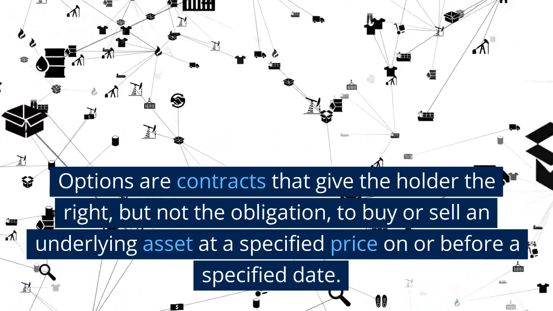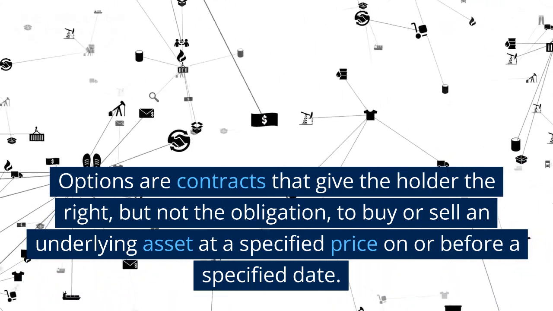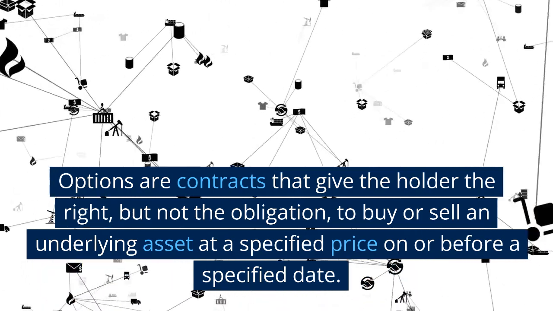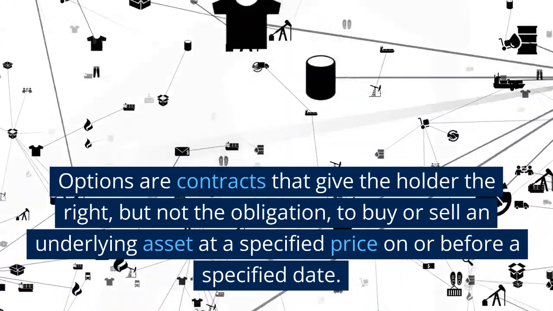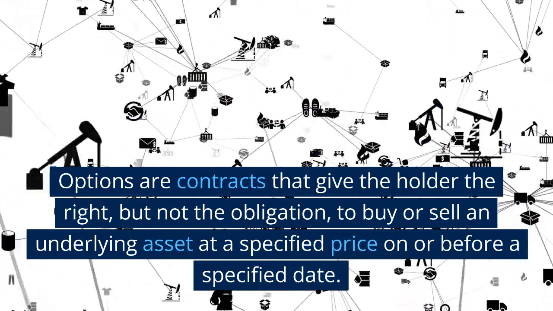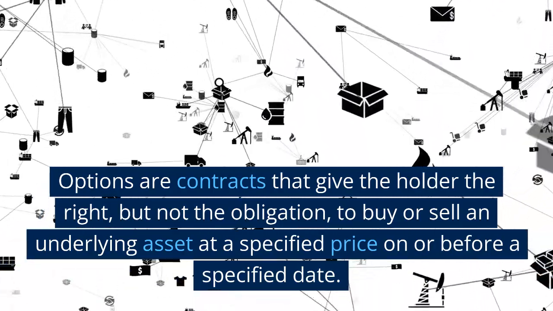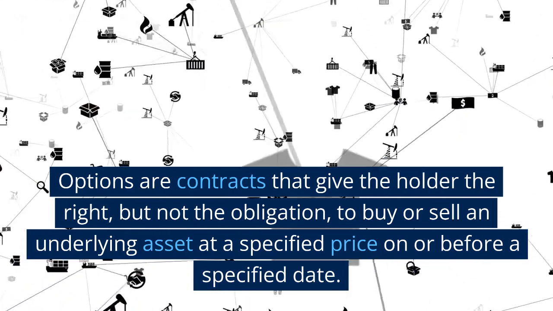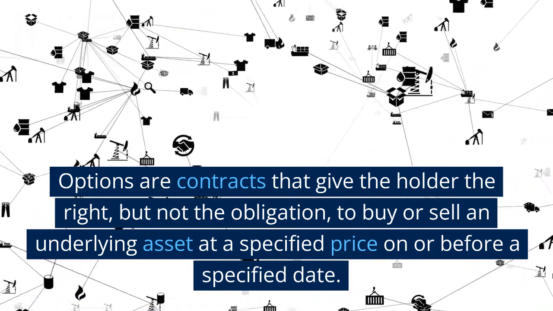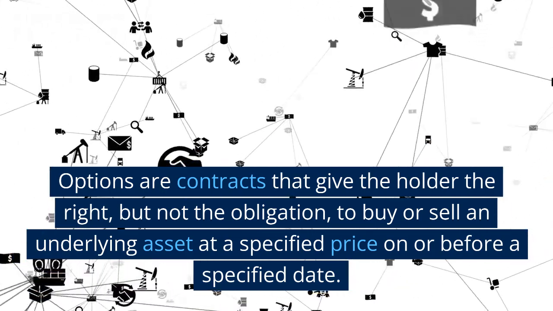Stock means, for example in the case of Tata Steel, you can do option trading. The other kind is index option trading, that is Nifty, Bank Nifty and Fin Nifty. So there are two kinds. One is option trading for stocks, the other is option trading for indices. That means Nifty, Bank Nifty, Fin Nifty.